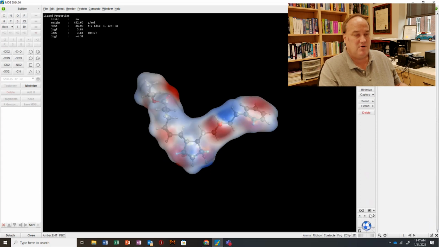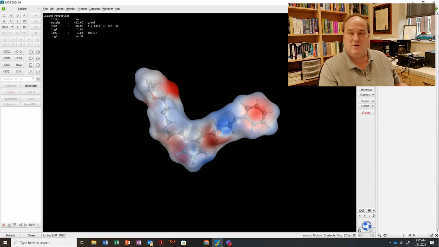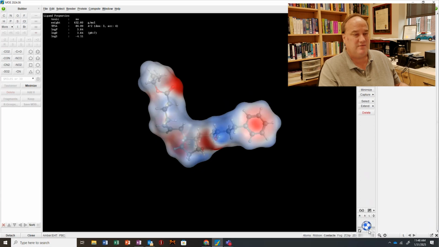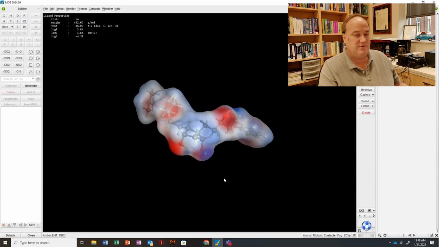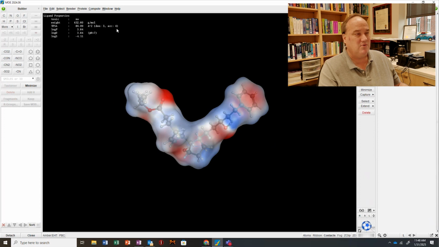And it looks like MOE is not counting the phenyl ring as a hydrogen bond acceptor. So really we have 5 hydrogen bond acceptors. The phenyl ring, the oxygen on this end of the OH, 2, 3, and then 4 and 5. That makes 5. So really MOE's not counting the phenyl ring, right?